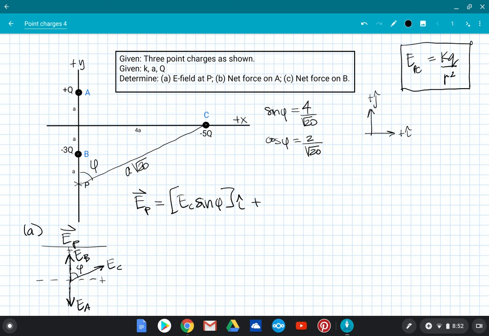And now I think I just have all j hat stuff here. E sub B minus E sub A plus E sub C cosine phi, and that's j hat. So take that in.